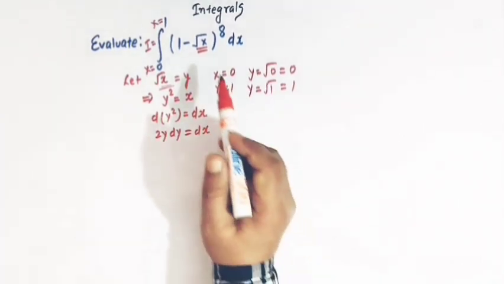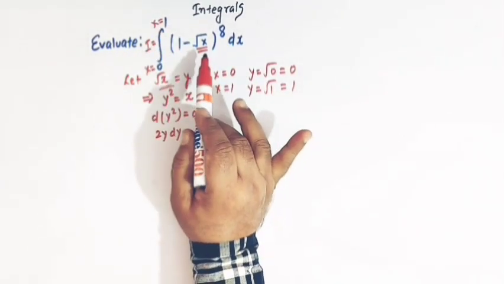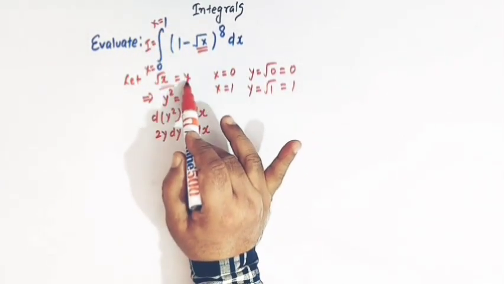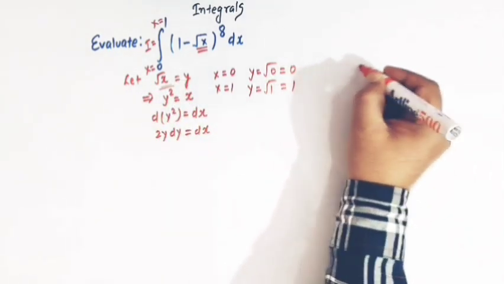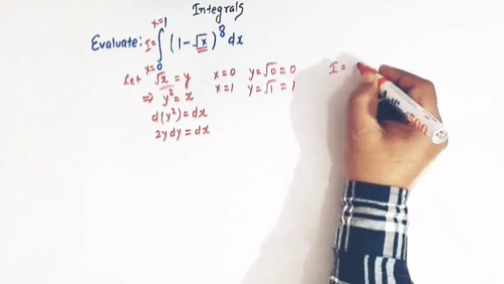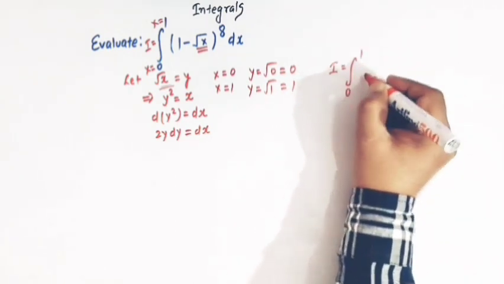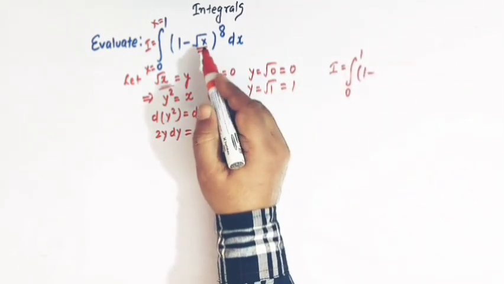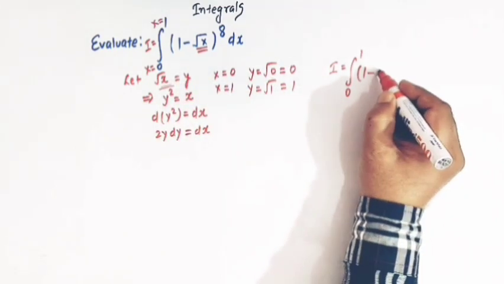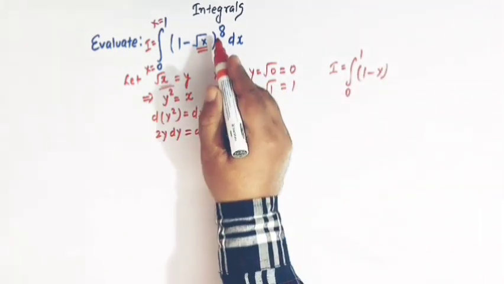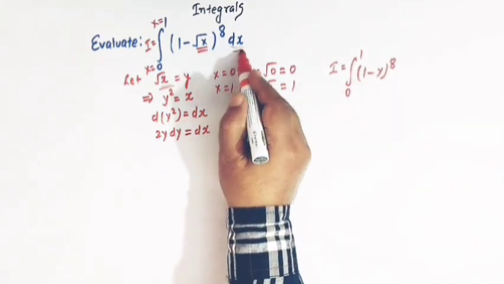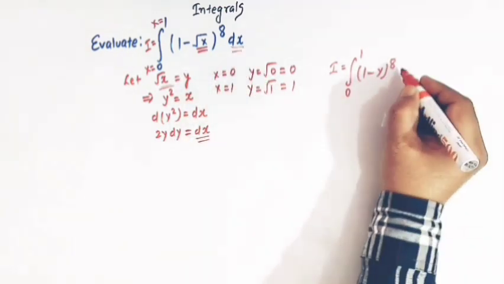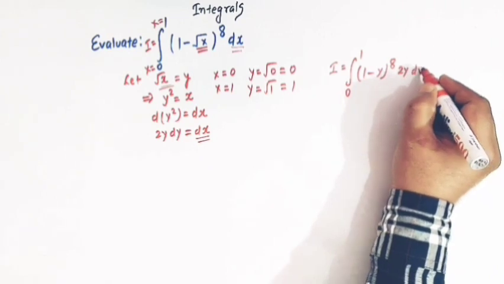Now let us express this integral in terms of this new variable y. So we can write I is equal to the integral from 0 to 1 of 1 minus square root of x, which is replaced by y, raised to the power 8, and dx is replaced by 2y dy.